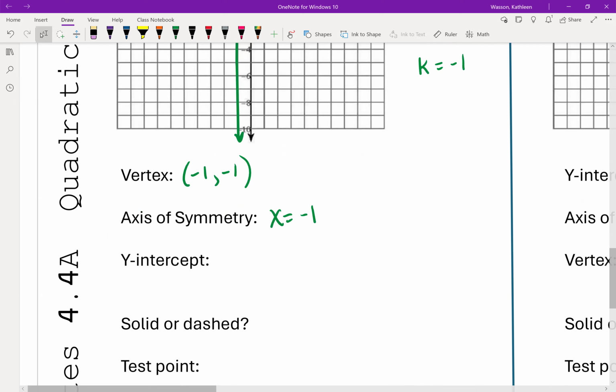For equations and inequalities written in this form, it's not obvious just from looking at the equation what the y-intercept is, but we know that the y-intercept on the y-axis is where x equals 0. So I know the x part of the point. And again, this is because x equals 0 on the y-axis.